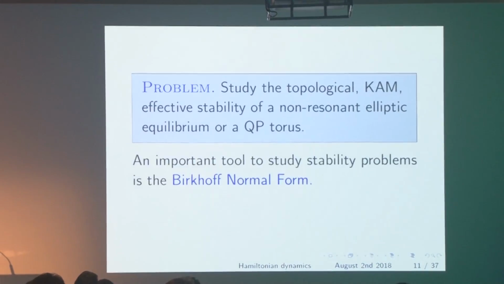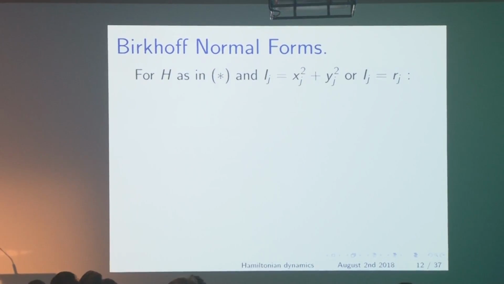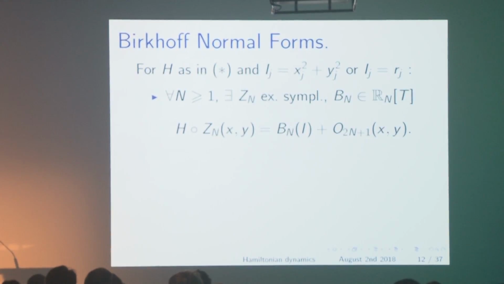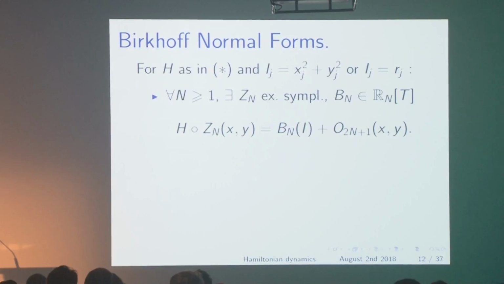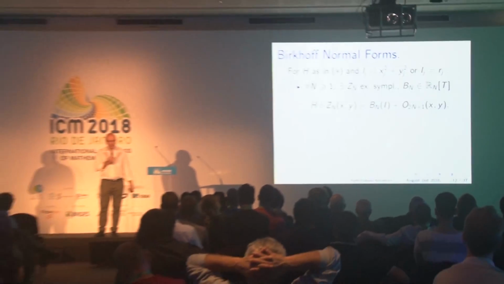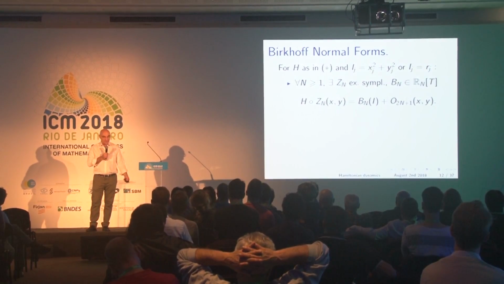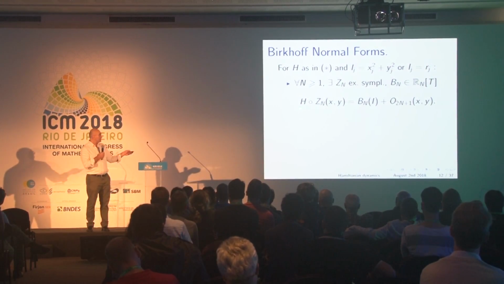And so what is Birkhoff normal form? We take this kind of system. And the thing is that for any integer n, you can find a symplectic change of coordinates, let's call it Zn, and a function Bn, which would be a polynomial, such that you can conjugate the Hamiltonian.